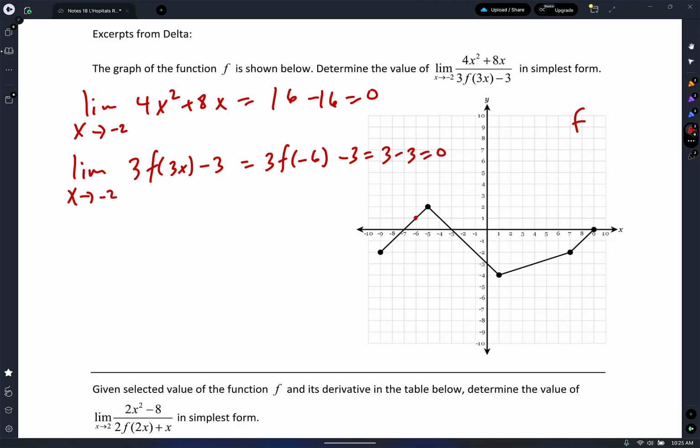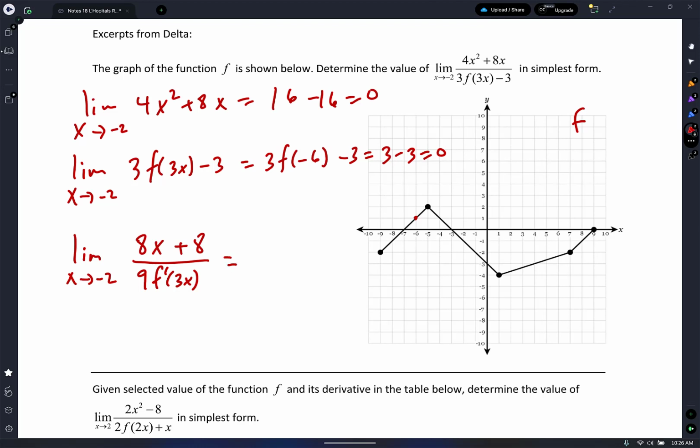Can I use L'Hopital's rule? Yes. Here we go. Limit as x approaches negative 2. So I'm taking the derivative of the numerator. What's the derivative of 4x squared? 8x plus, what's the derivative of 8x? 8 all over. And the bottom, the derivative, you got to use chain rule. 3f prime of 3x times 3. So what's 3 times 3? 9f prime of 3x. And there it is. So now let's plug in a negative 2.